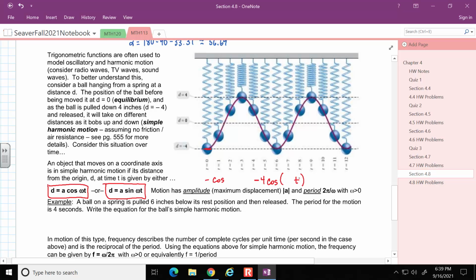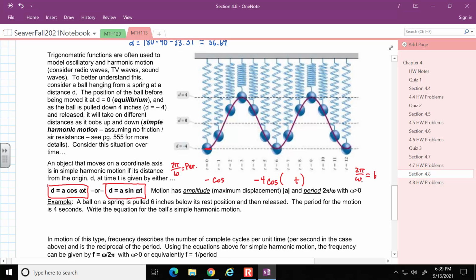I have to figure out what omega is. If you remember correctly, we said 2 pi over that b, or omega, has got to be equal to our period. In this case, I get back to my starting point at t equals 6. So 2 pi over omega is going to equal 6.